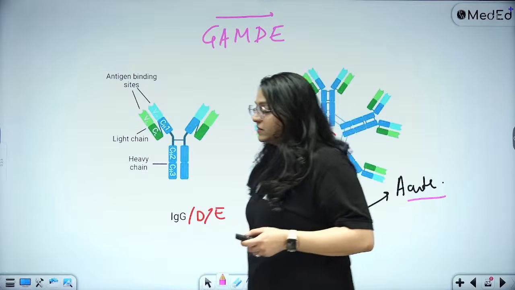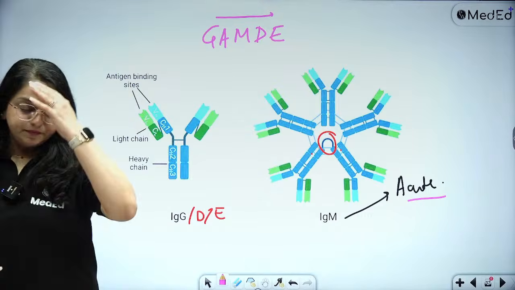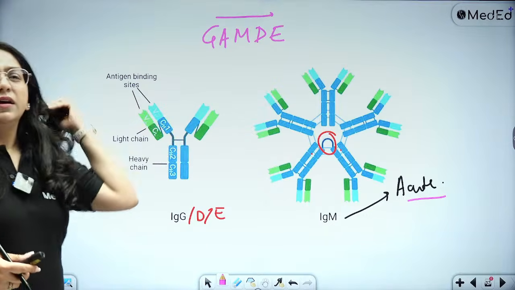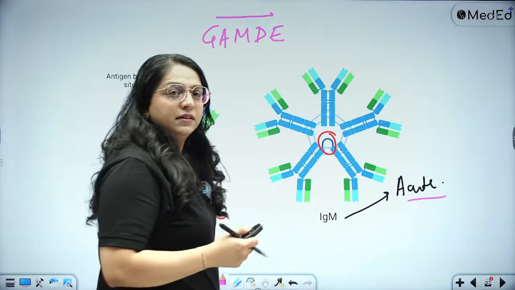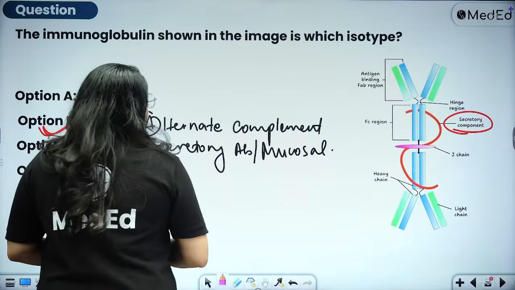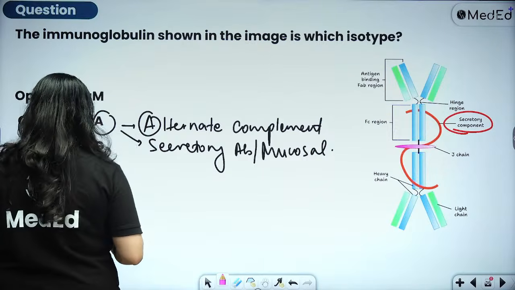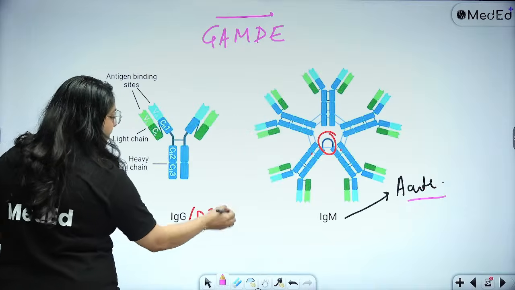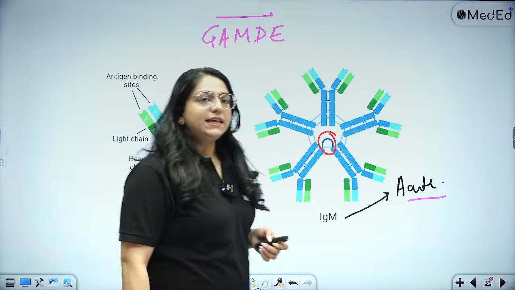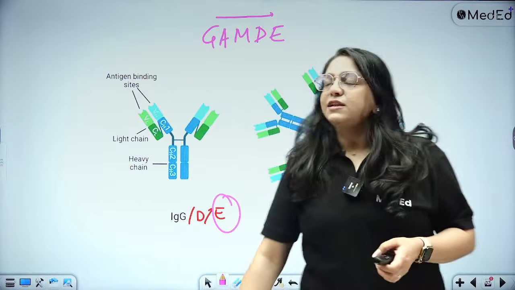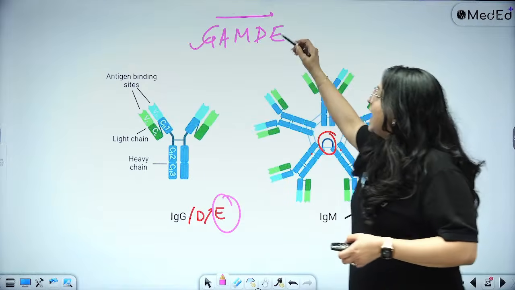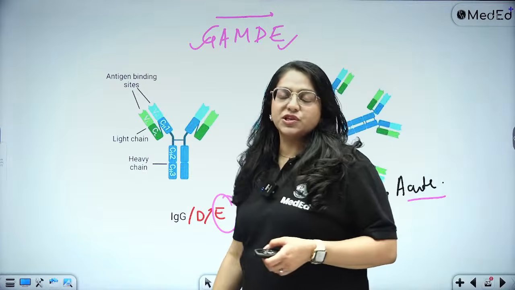Come on, chat box. What about IgE? Yes, G has the maximum concentration and E has the minimum concentration in the body.